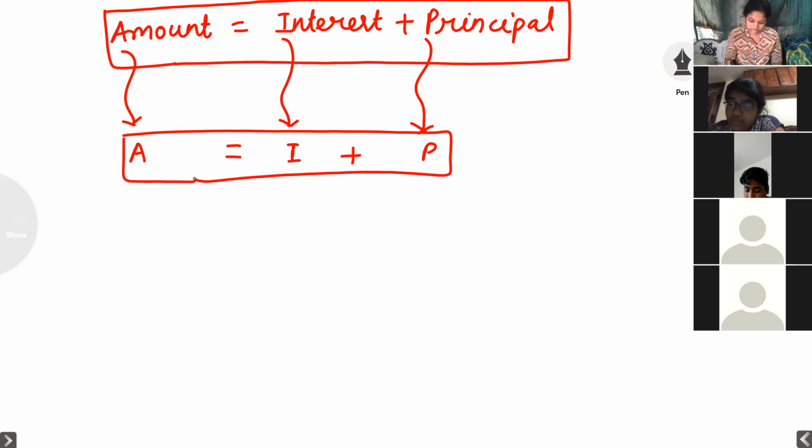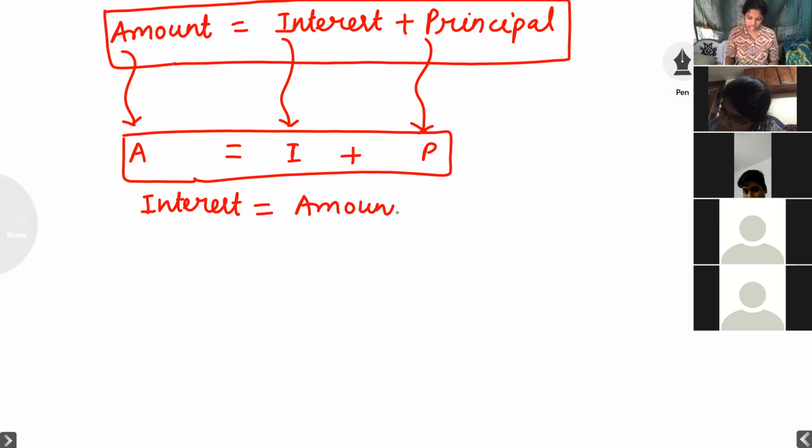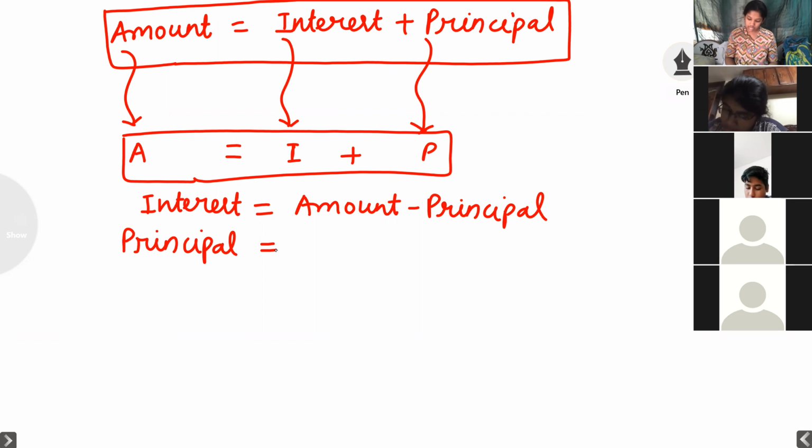This is the main formula. From this formula, we can write two more formulas. Interest is equal to amount minus principal. Third formula, principal is equal to amount minus interest.